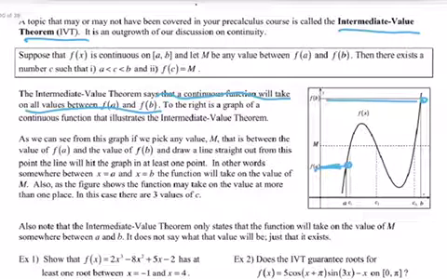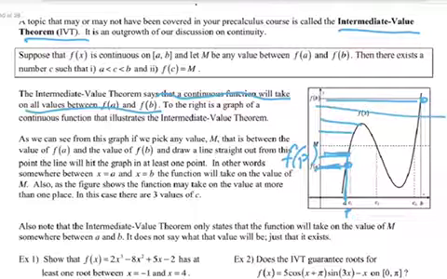So there's a value here which I could call f of, let's go with f(p). There's a p value here, this would be f(p), and you have another value here, and another here.